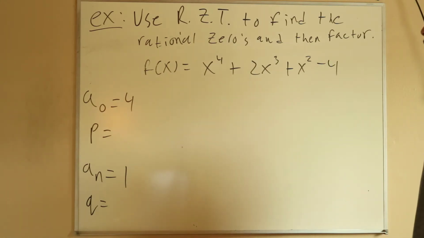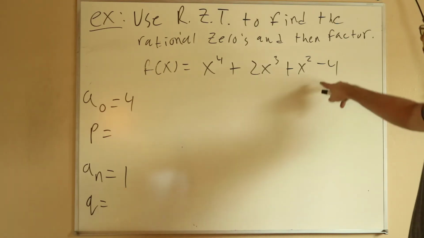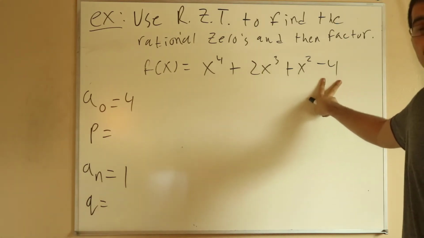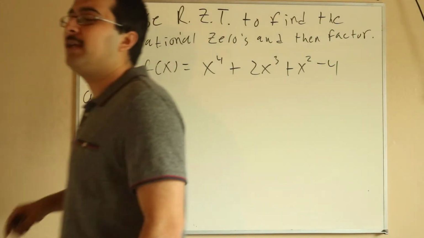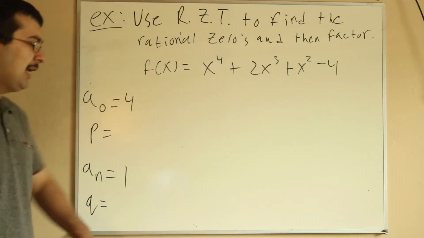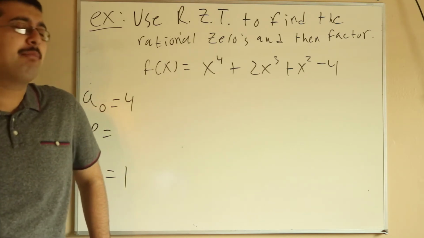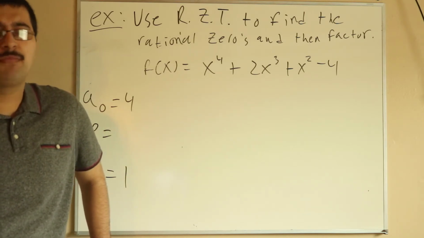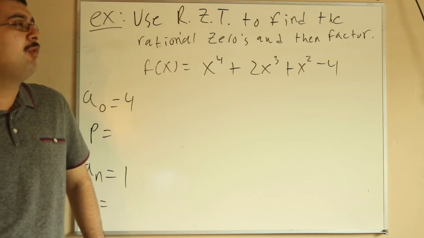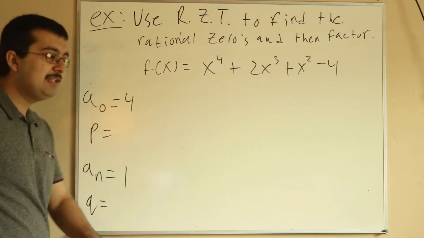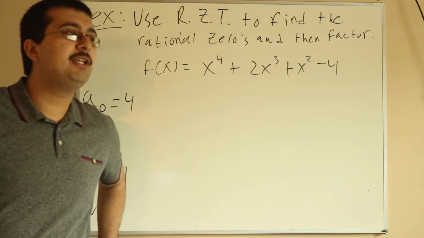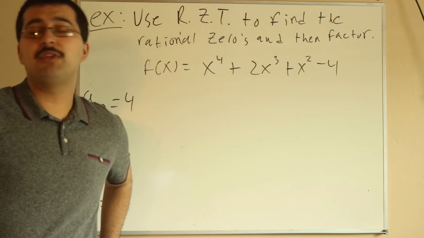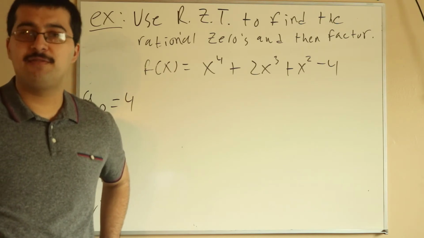Before we do that, I have realized I should make a note. It is true that the constant term for the function is minus 4, but when I wrote the a naught, all I wrote was 4. And in actuality, it doesn't matter if I write positive or minus 4 here. Why is that? When we make this list of p's, whatever factors we find, we're automatically going to use both the positive and negative versions of those factors.